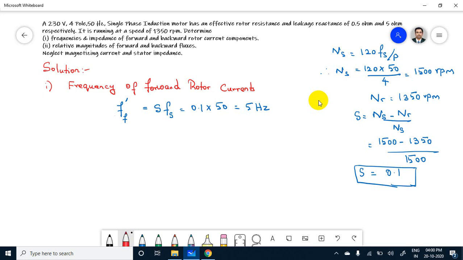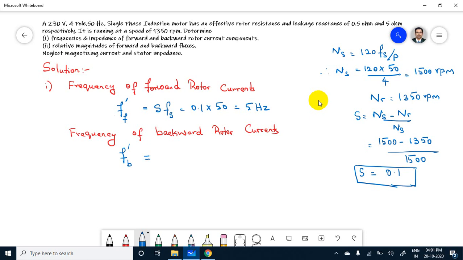Okay, the next one: the frequency of backward rotor currents. The notation is the rotor frequency f dash b.